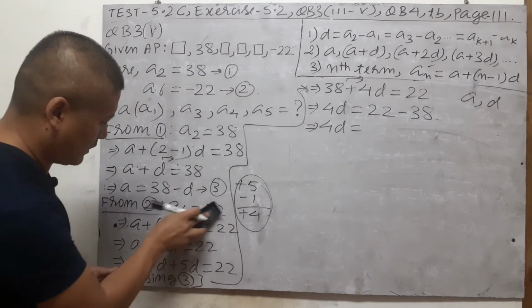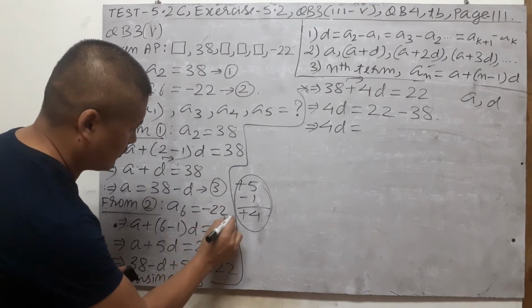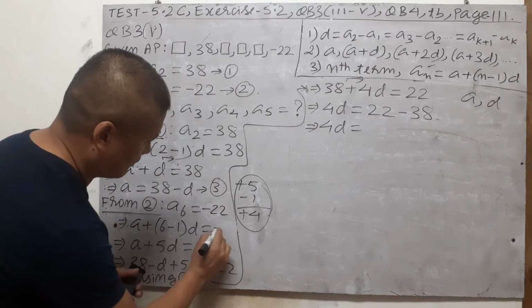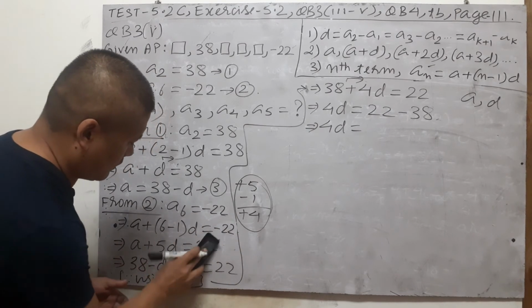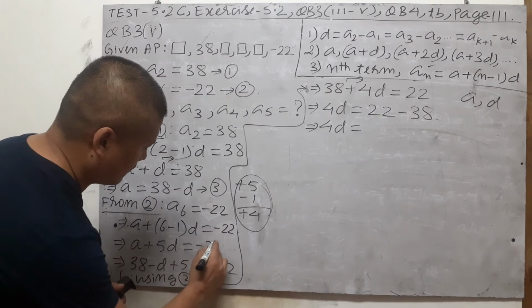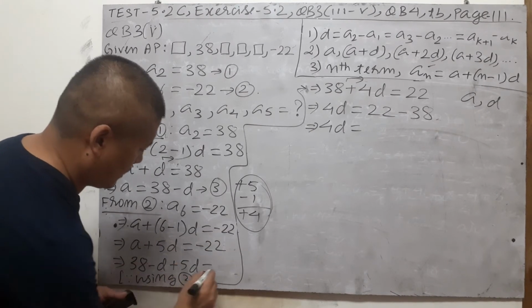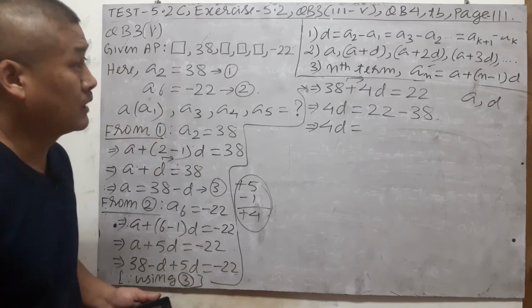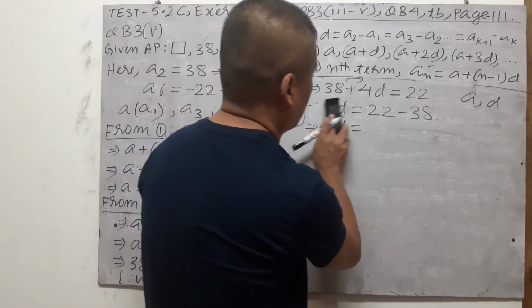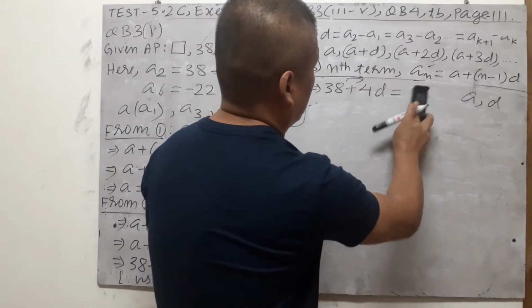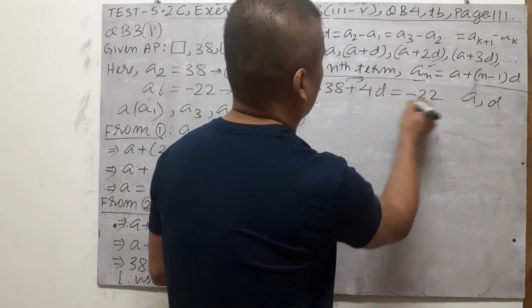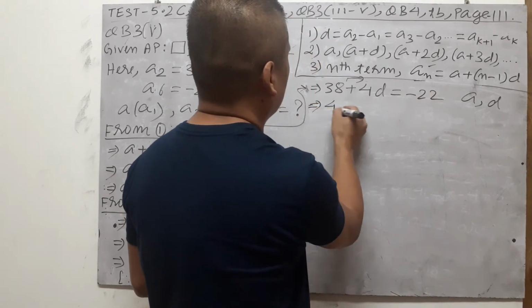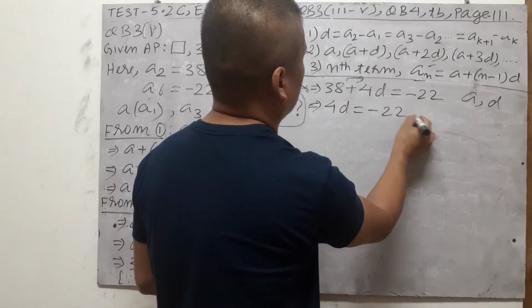Just make the correction here: minus 22. Put minus in front of your numbers. So that gives you 4d equal to minus 22, the same.